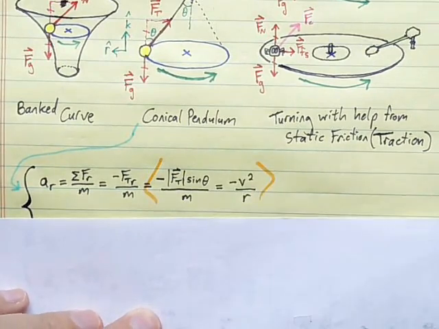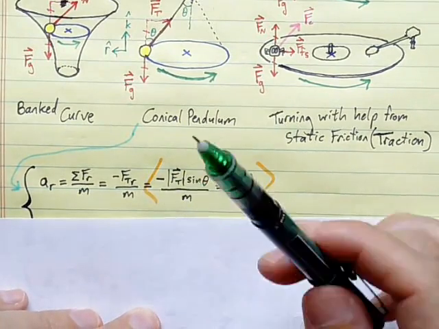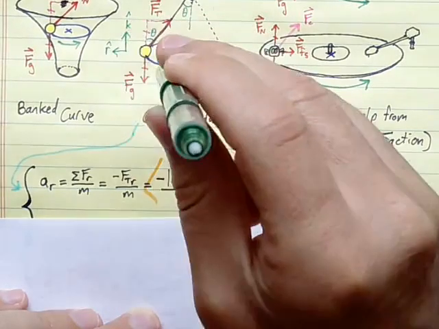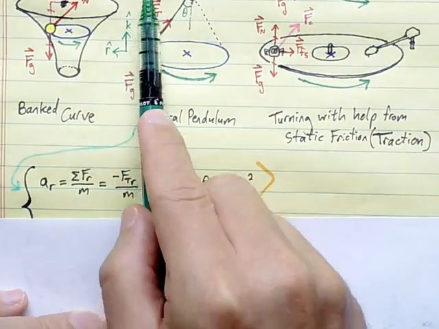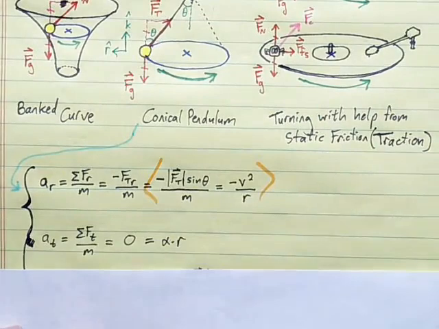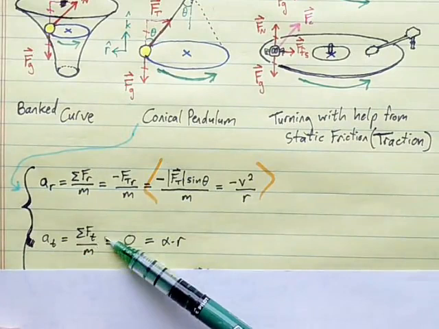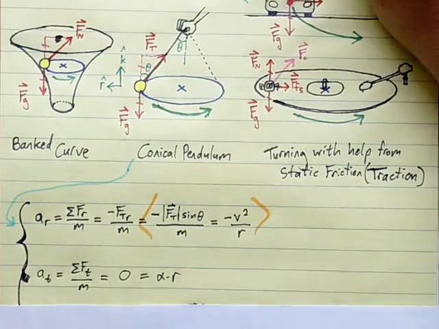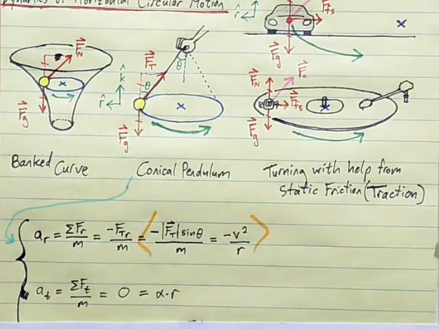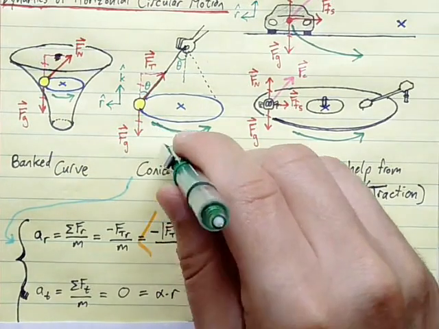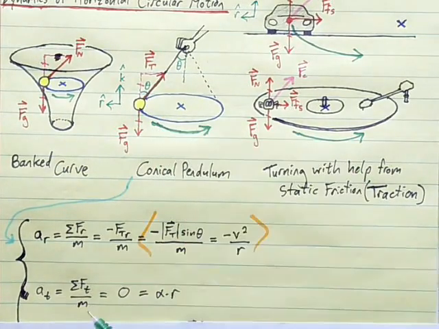We should also look at our tangential direction out of the page, and then our vertical direction, our z direction, k hat. Well, out of the page, our tangential direction, there are no forces in this picture pulling the ball out of or into the page. No tangential forces at the moment, so no angular acceleration either.